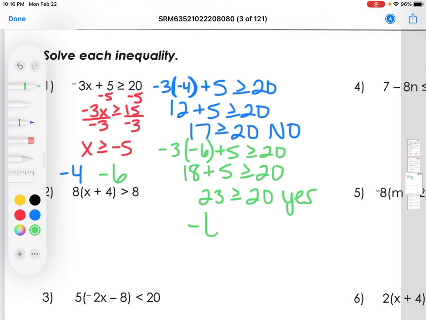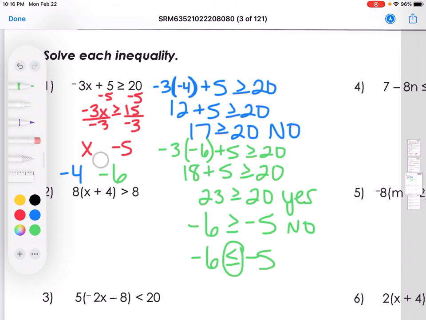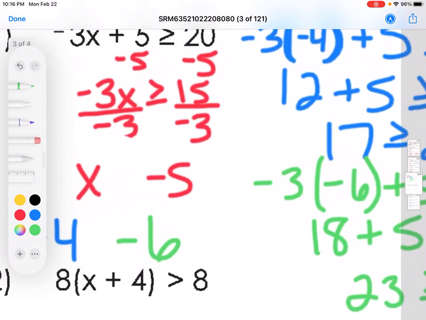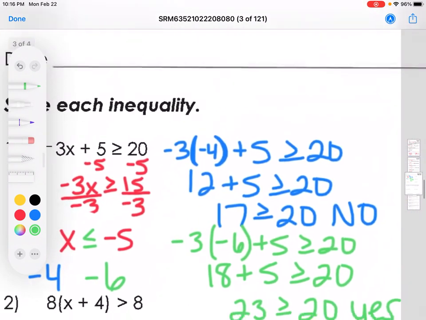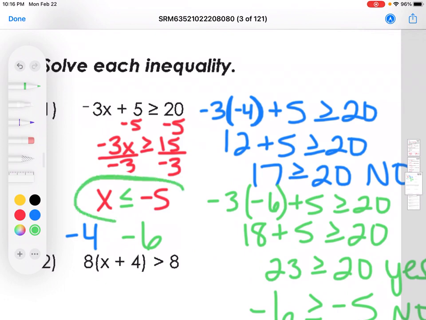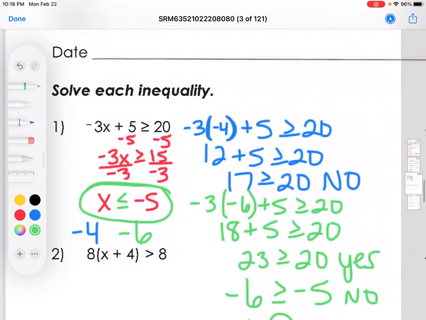But is negative 6 greater than or equal to negative 5? No. Negative 6 is less than negative 5. So my symbol needs to be switched. So my solution is actually x is less than or equal to negative 5.